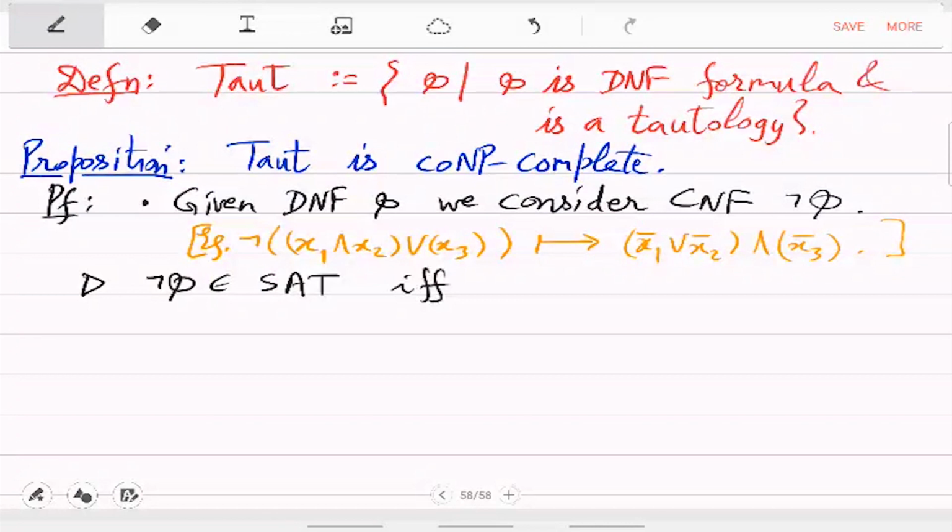So negation phi has a satisfying assignment, which means that negation phi becomes true, which means phi becomes false, which means that phi cannot be a tautology. This is an immediate observation, which means that tautology is in co-NP.